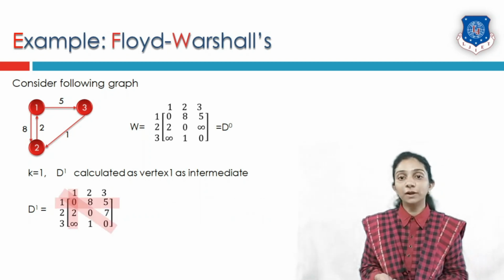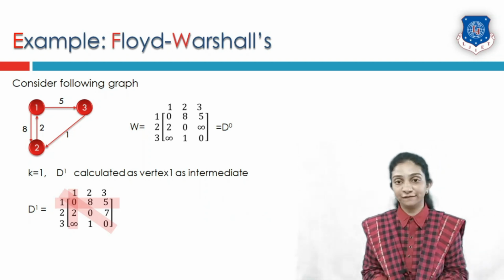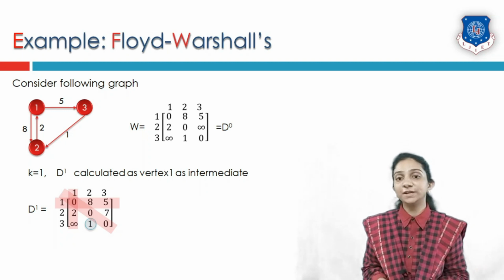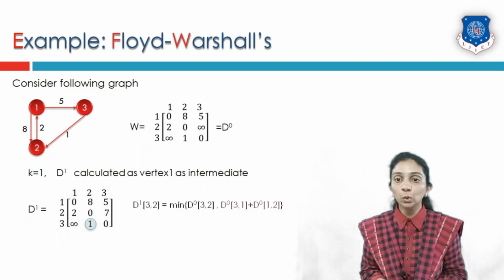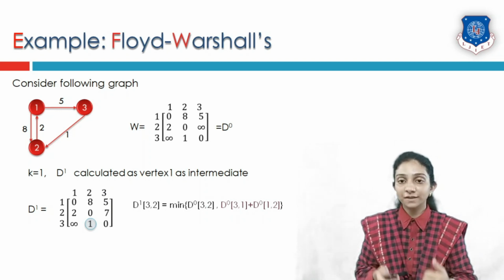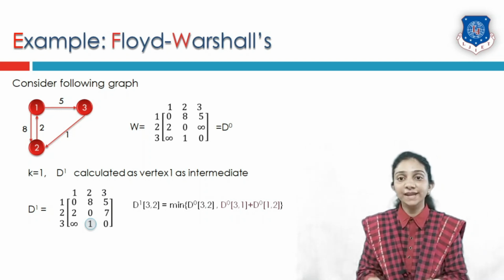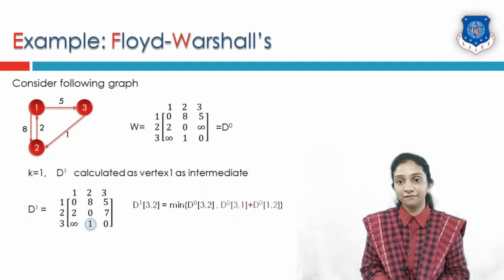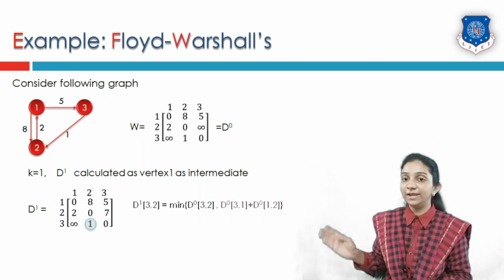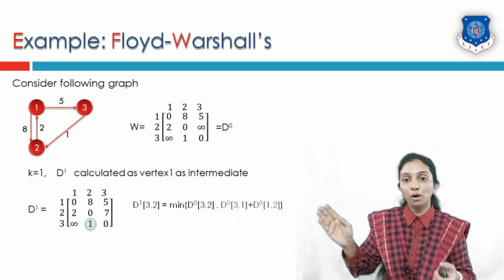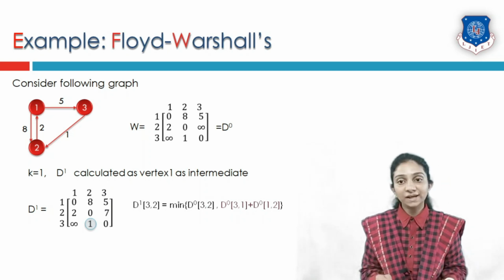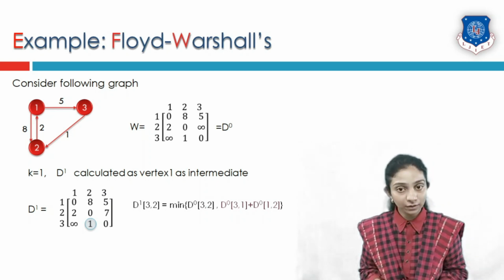Now we will work on the other cell that is left, cell 3, 2. For this cell 3, 2, we first consider the value itself, D of 3, 2. And we take another route, from 3 to 1 plus 1 to 2, that is D of 3, 1 plus D of 1, 2.